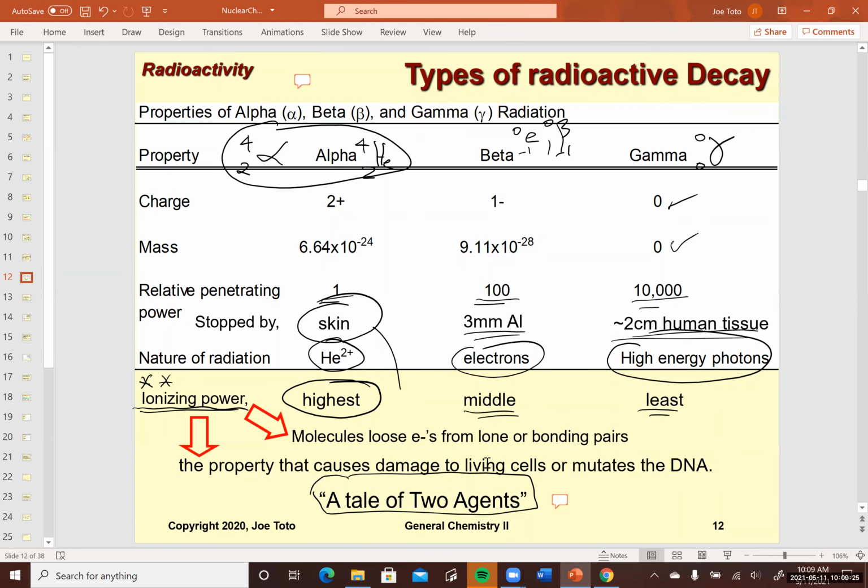And so this other guy in 2006, he was a KGB defector living in London, and he met up with some KGB agents and had tea. Well, they put this polonium in his tea, and I think he lived 2 weeks after that, and there was nothing they could do to save him.